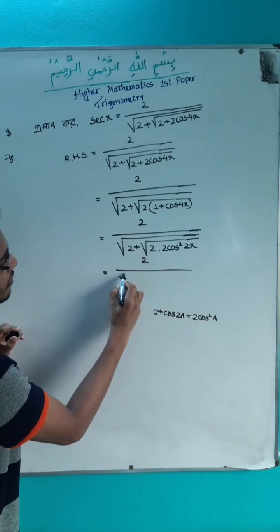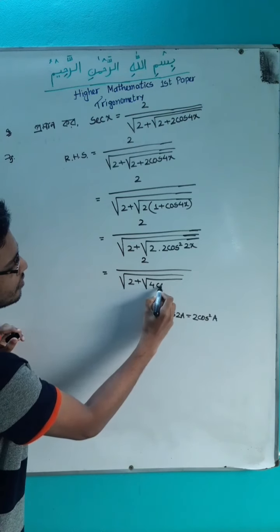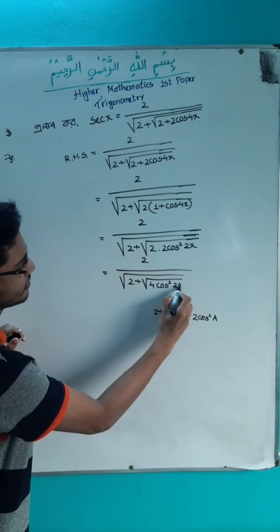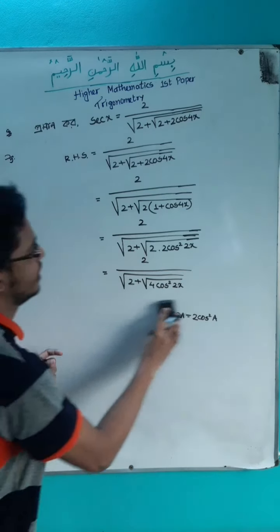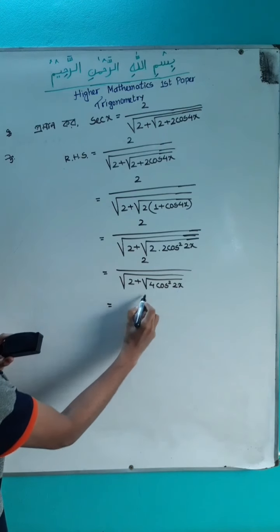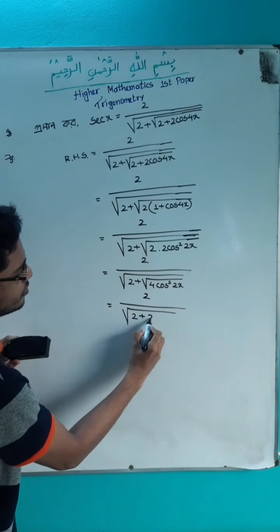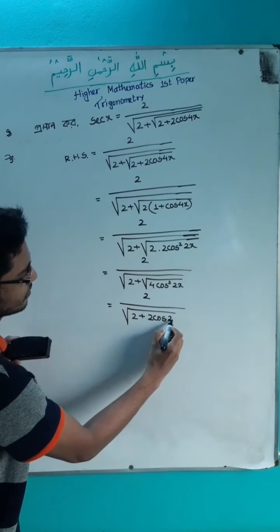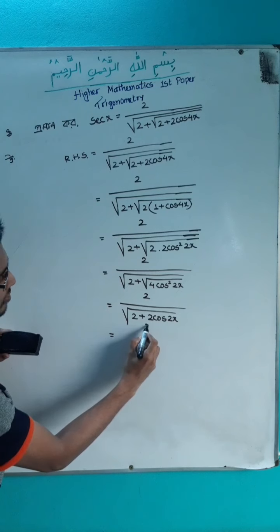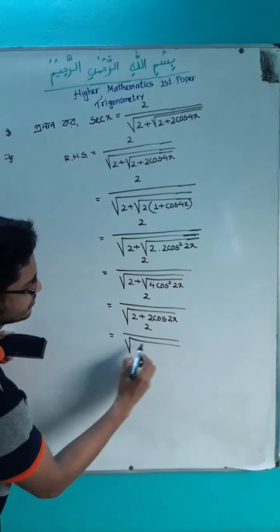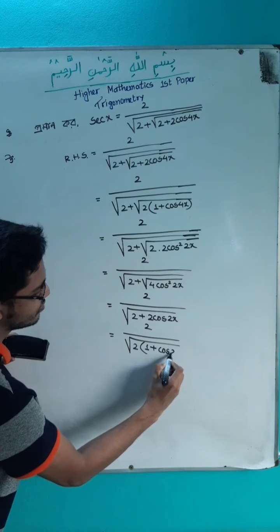So, again we can write square root of 2 plus square root of 4 cos square 2x. And square root of 4 cos square 2x leads us to square root of 2 plus 2 cos 2x. Again, we can take 2 as common. 1 plus cos 2x.